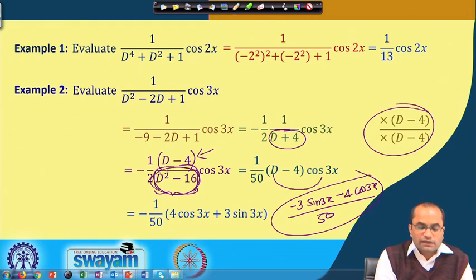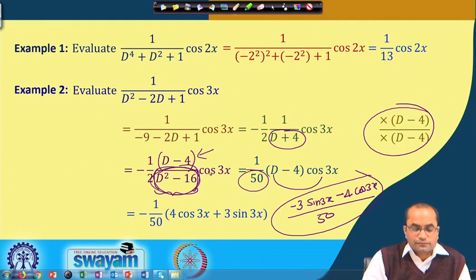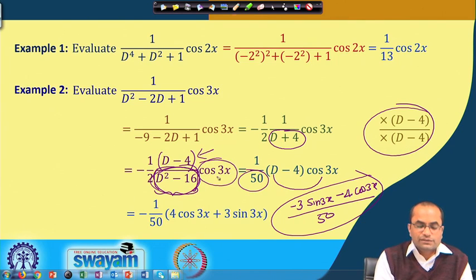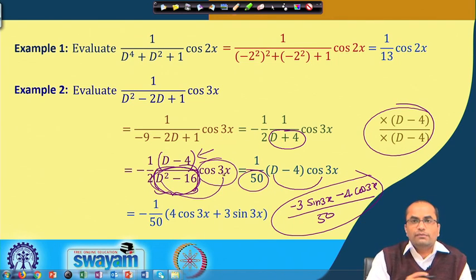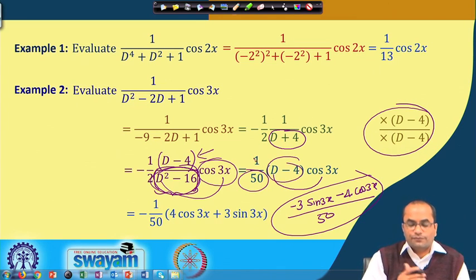So, d square minus 16 we can again apply because the d square term is there. So, d square will be replaced by minus 3 square, and then we can proceed with the numerator. Once we have the operator in the numerator, that simply means the differential operator, and we can operate that easily on the given function.